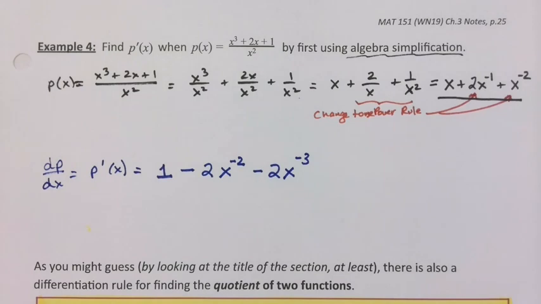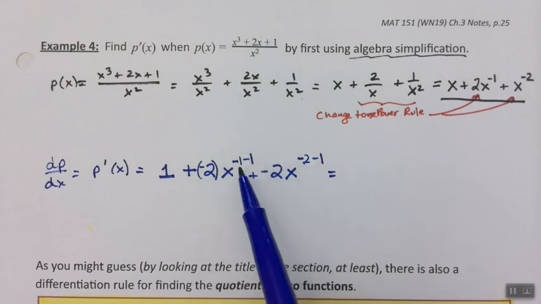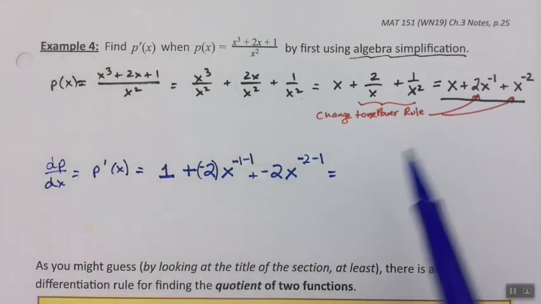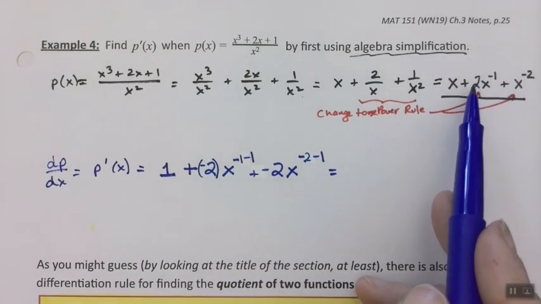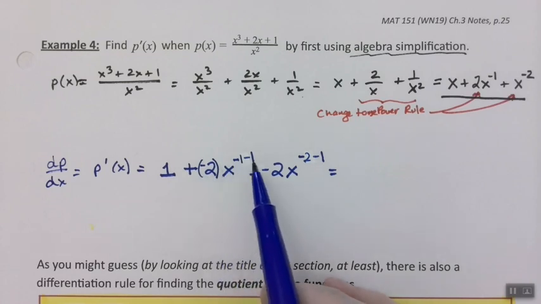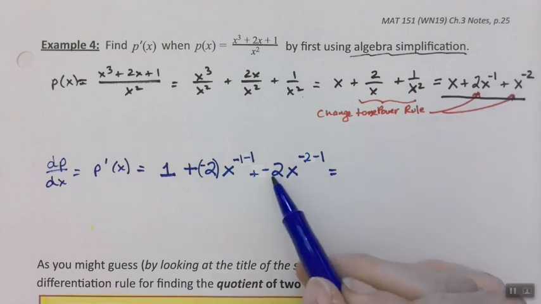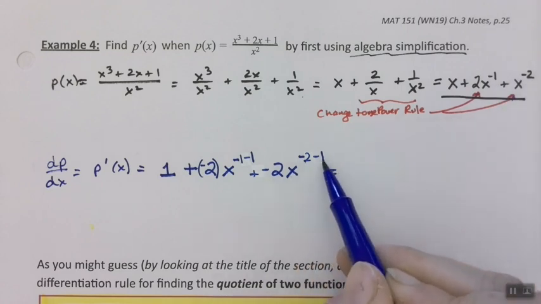Actually, let me write that out a little bit more, just one second. There. I don't often do this, but I'll write the intermediate steps since it's the first time we've seen negatives in a while. So you bring negative 1 down. Negative 1 times 2 makes negative 2. X to the negative 1 take away 1, and then bring the negative 2 down. Negative 2 right here. X to the negative 2 take away 1.